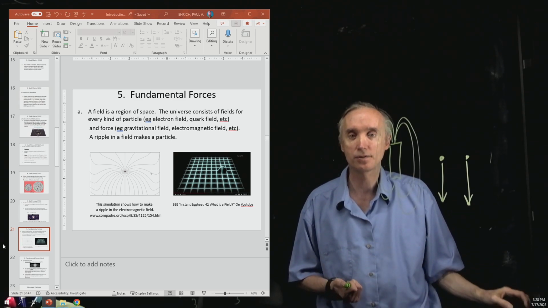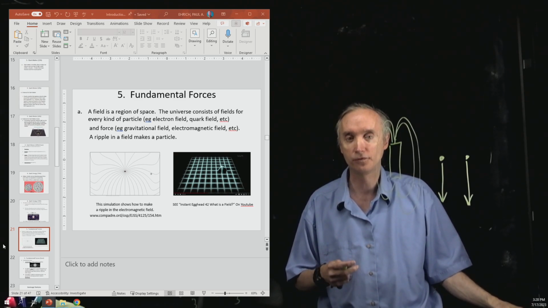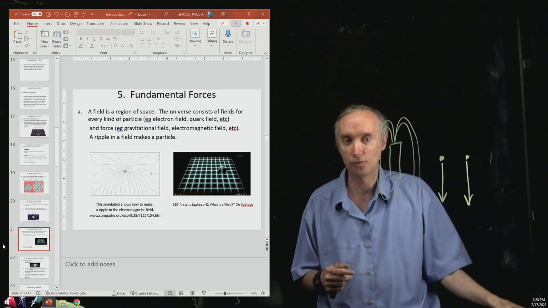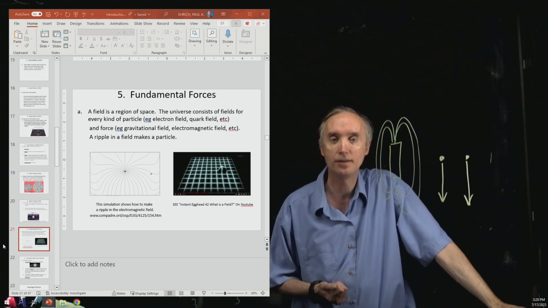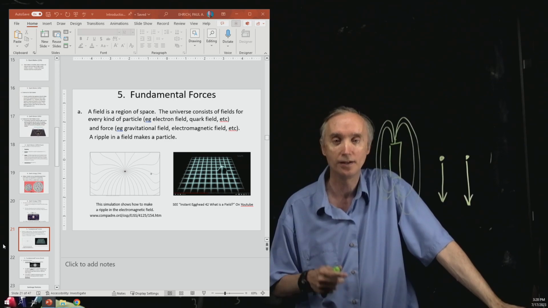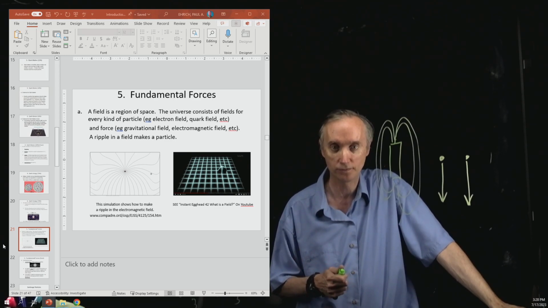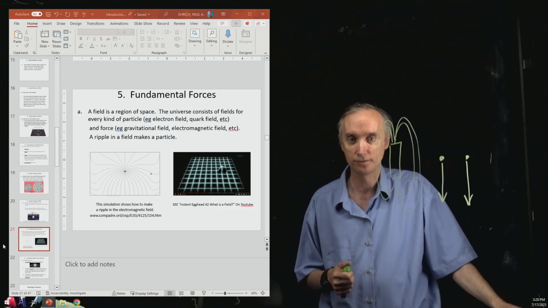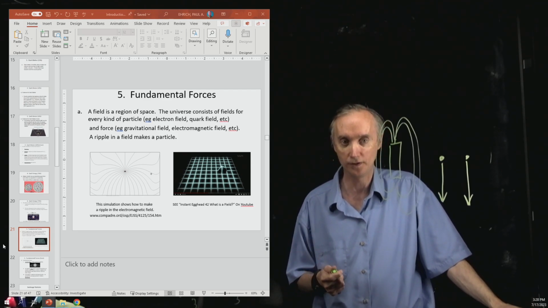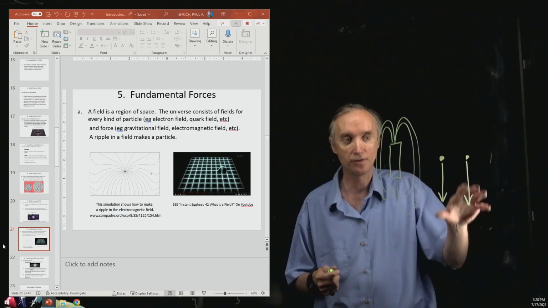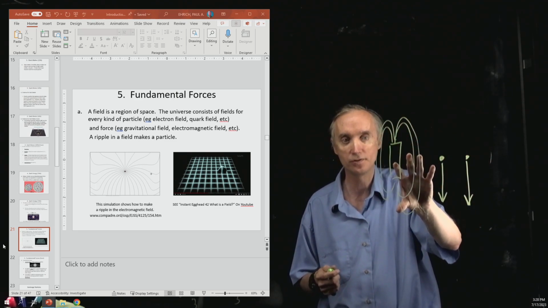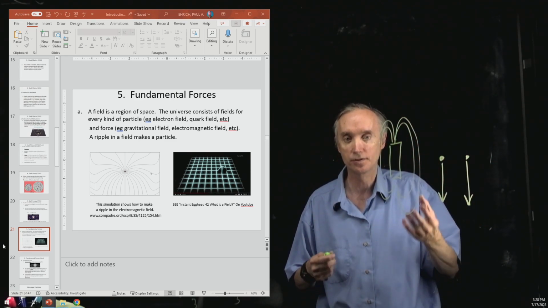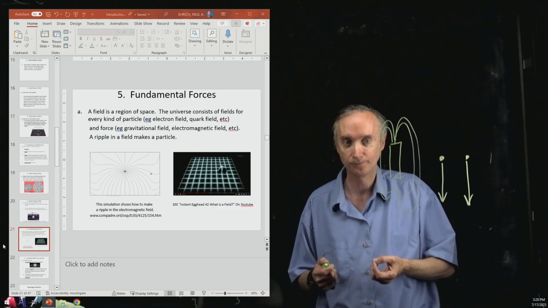So scientists make up a field for each of the fundamental forces of nature, and then there's also a field that goes with each of the particles of nature, so that there is an electron field, there is a quark field in addition. So these are fields that go with forces, but there are also fields that go with particles.